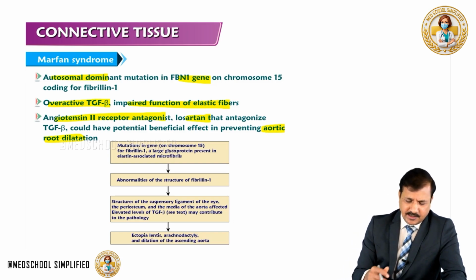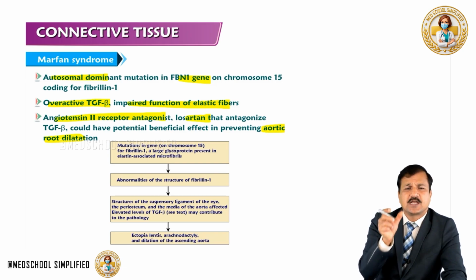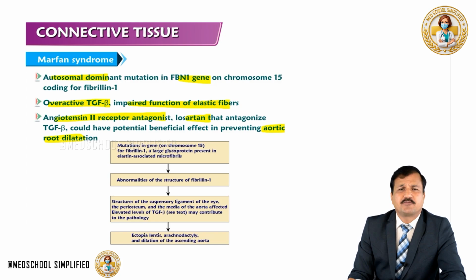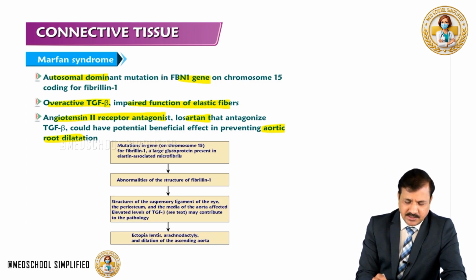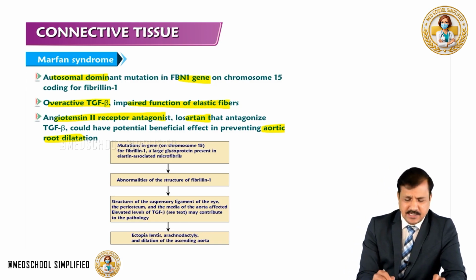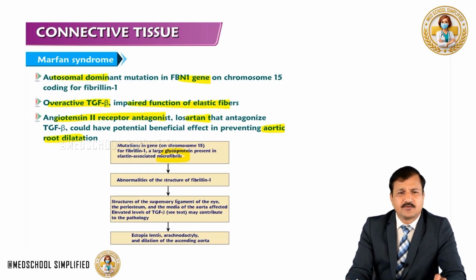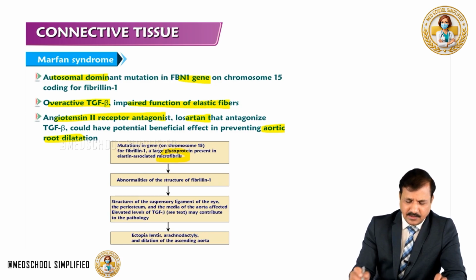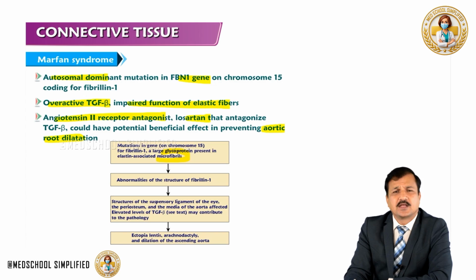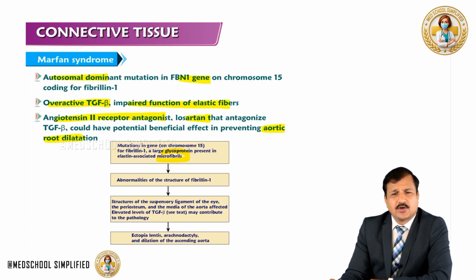The flow chart here will show you how exactly the process goes on, starting from the mutation in the FBN1 gene. The gene codes for fibrillin 1, a large glycoprotein present in the elastin associated microfilaments. Abnormalities in fibrillin 1 will lead to structural alterations, especially in elastin fiber containing tissues like eyes, periosteum, and the aorta.